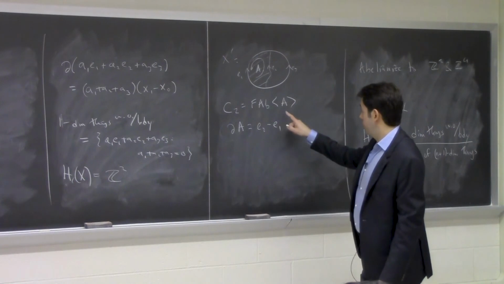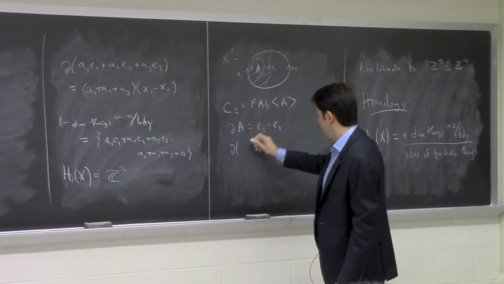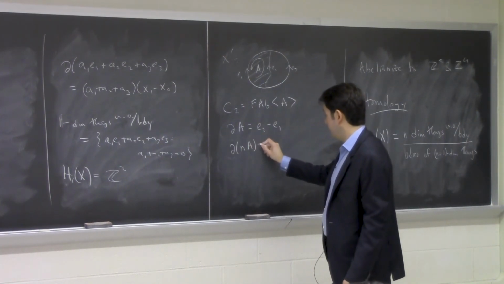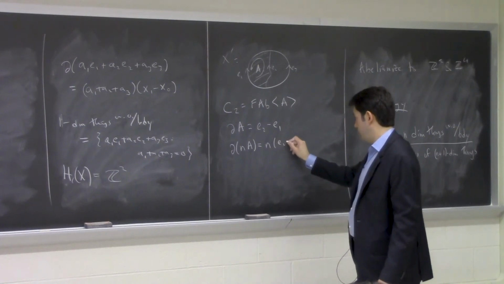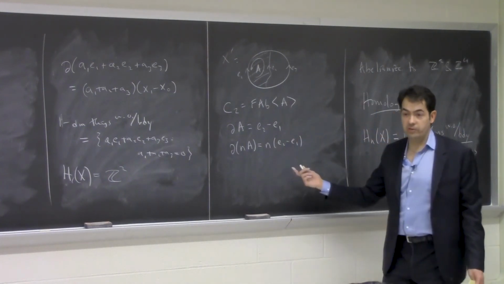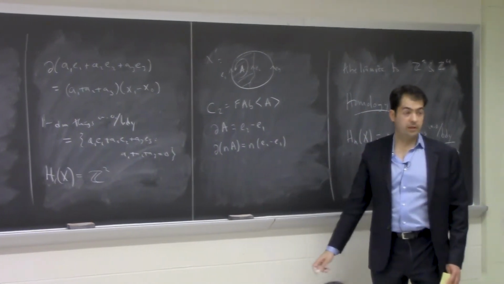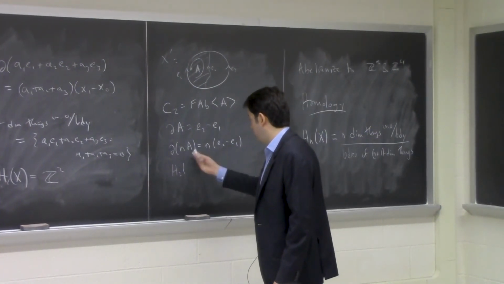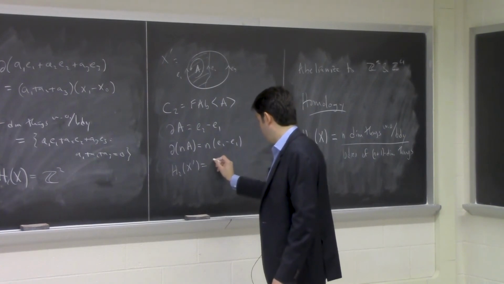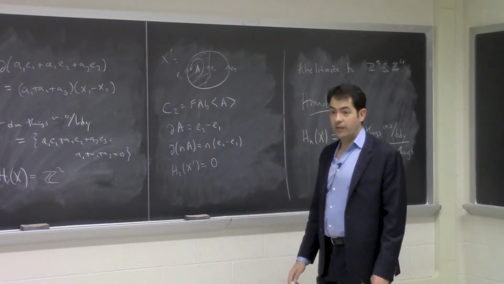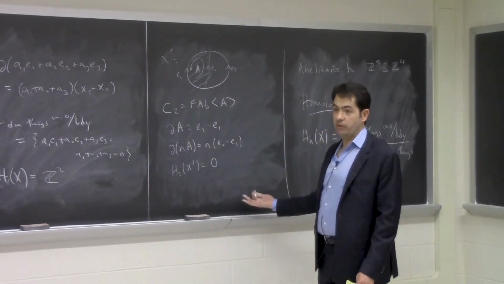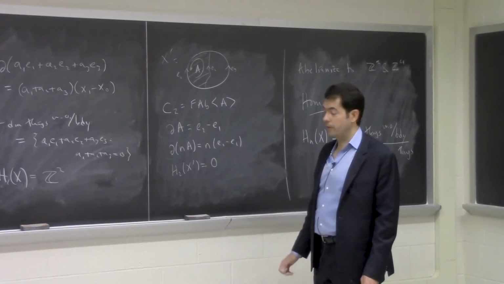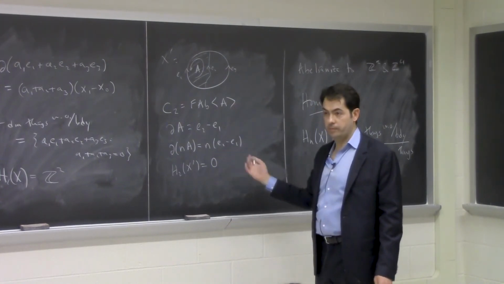So if you do n times A, you get n times E2 minus E1. The only way that's 0 is if n is 0. So H2 here would not change at all. This would still be 0, because I don't have any two-dimensional things that don't have boundary. All of my two-dimensional things have boundary.